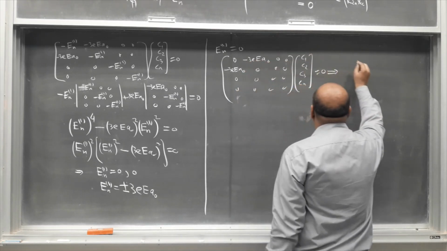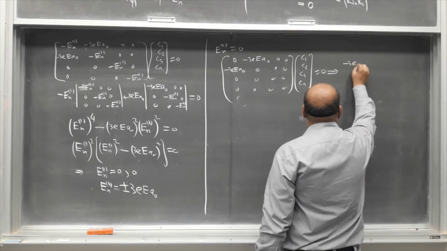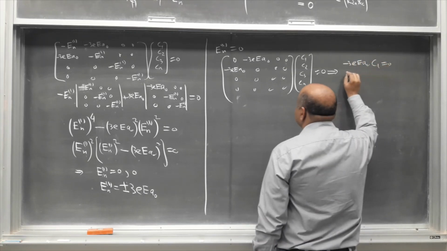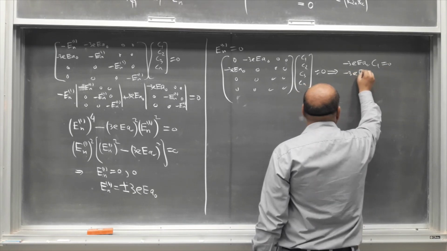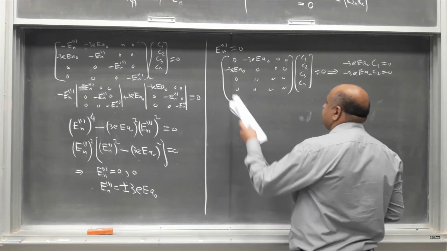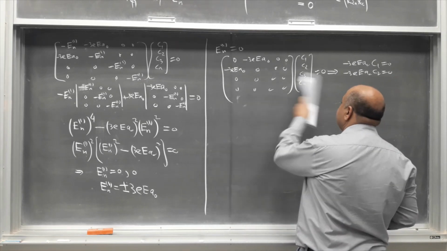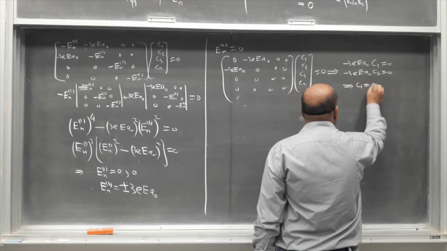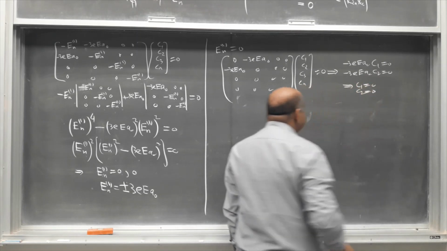So the first row gives us minus 3EA naught C1 equal to 0. The second row gives us minus 3EA naught C2 equal to 0. And the other rows are 0 equals 0. So these two equations tell us that C1 is 0 and C2 is 0.